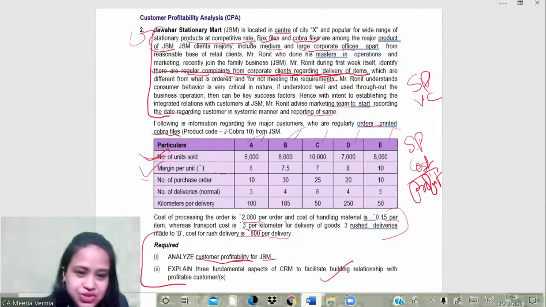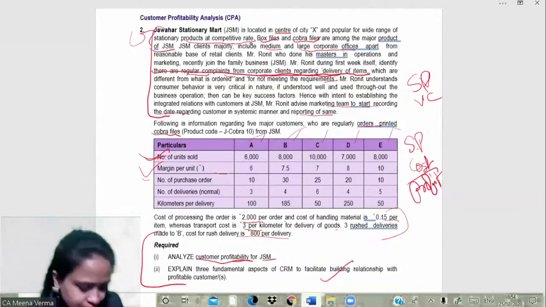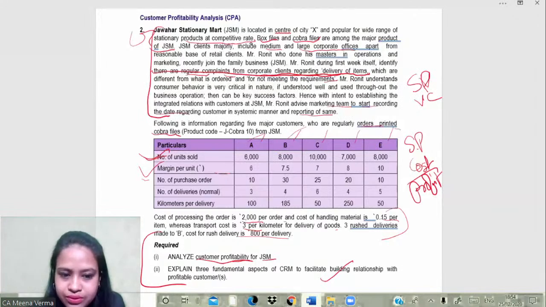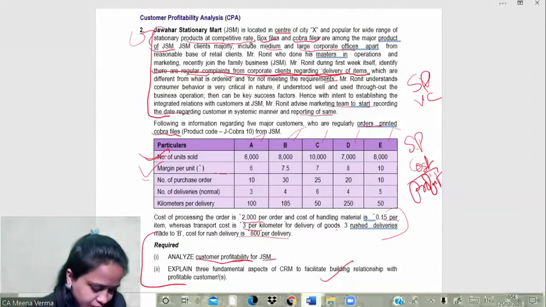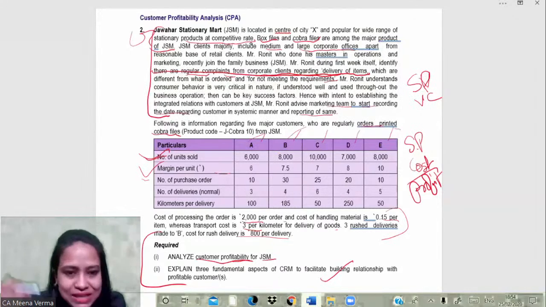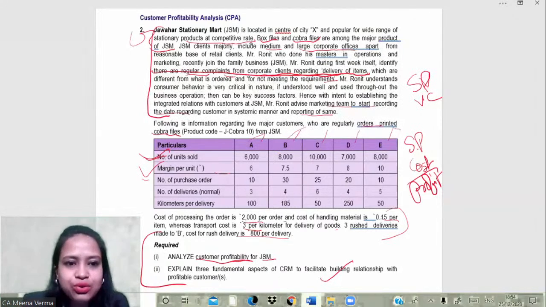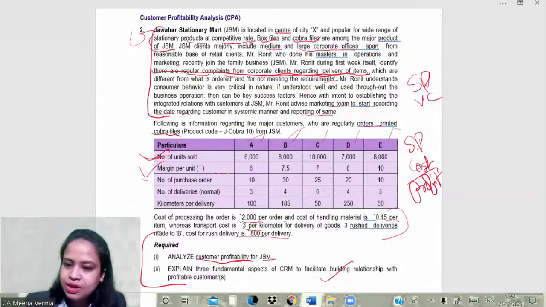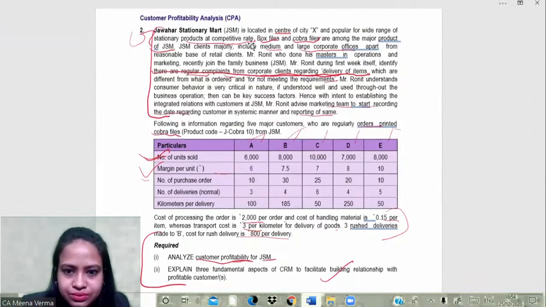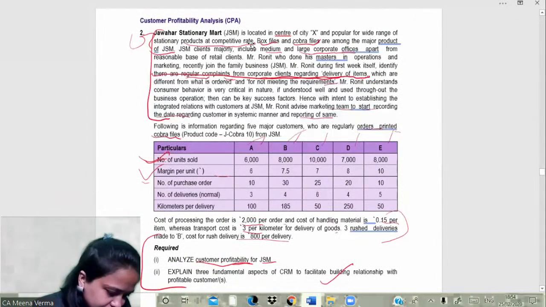You can read this question again. I want all of you to please try to do this on your own first, then we will discuss.